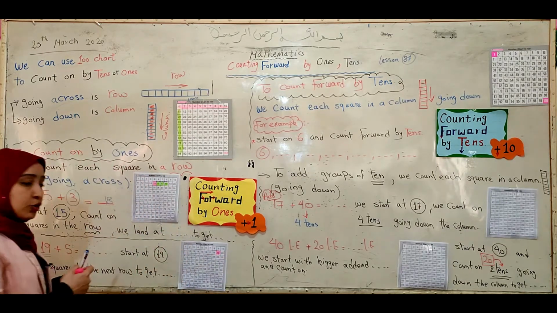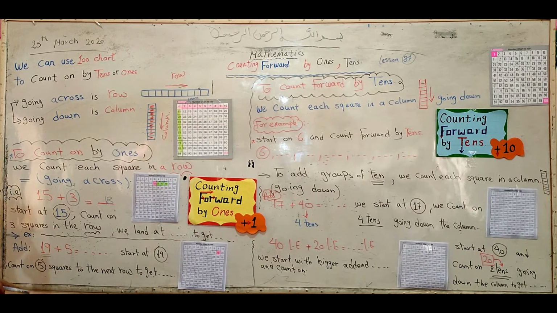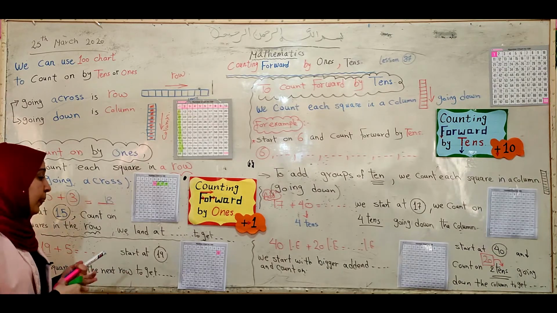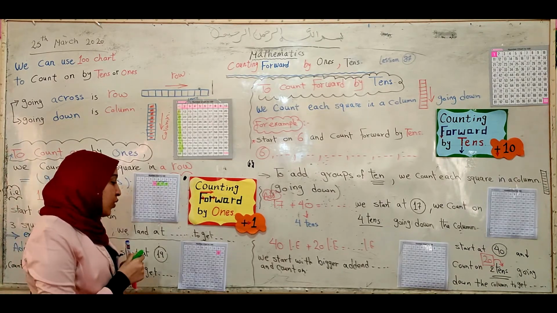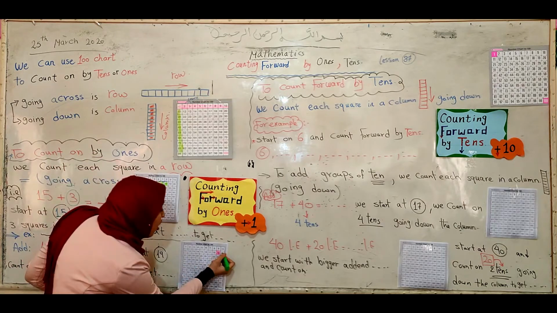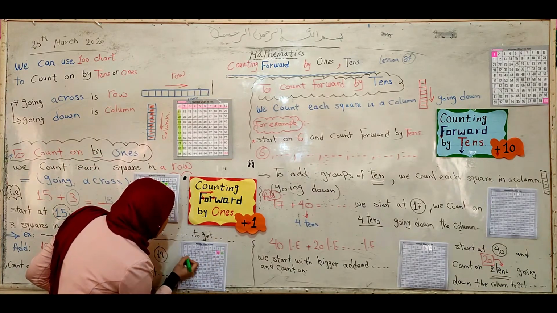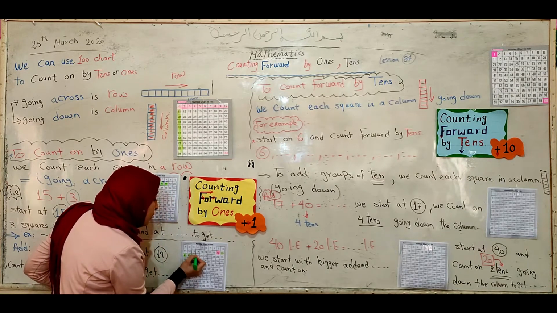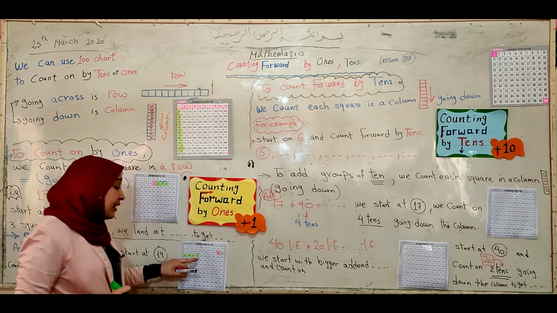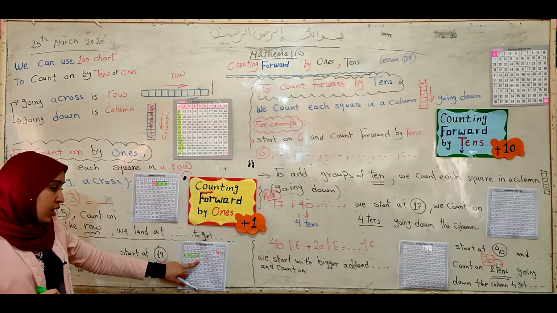And what should I do next? I count on 5 squares to the next row. Let's see. I count on 5 squares after 20. 1, 2, 3, 4, 5. I land at number 24.